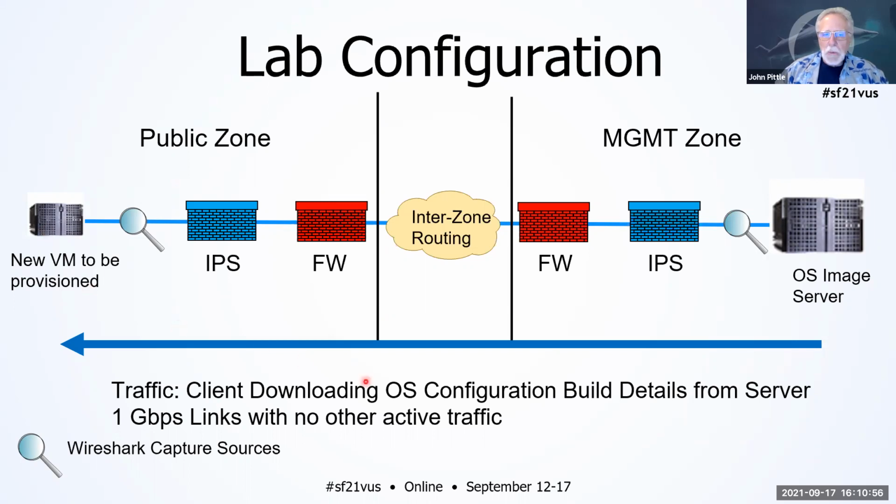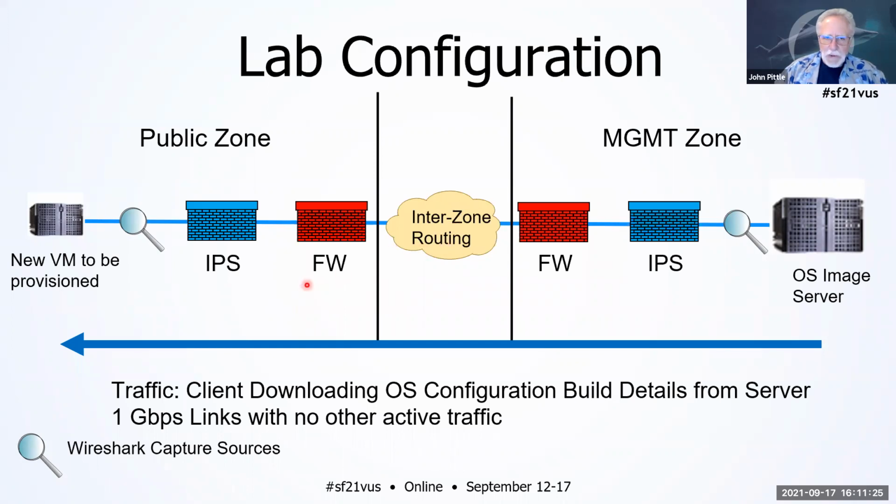The goal was to download traffic from the imaging server back to where the VM was being built. We had capture sources close to the image server and close to the client being built. In the interzone routing, they had configured some mild latency just to make it a little more realistic.